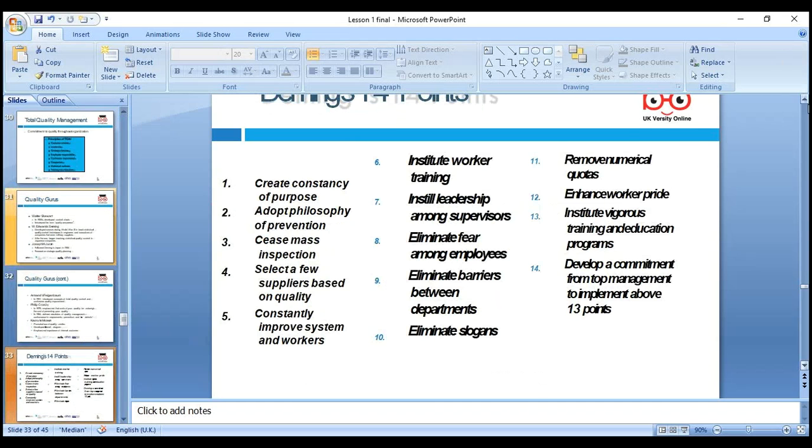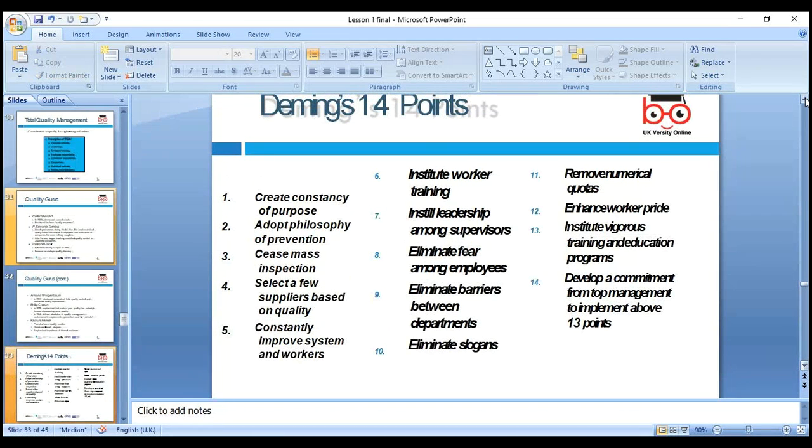So next we look at quality. These are the 14 points given by Deming. So we create consistency. Adopt the philosophy of prevention. Mass inspection, too much inspection, sometimes creates a problem as well.